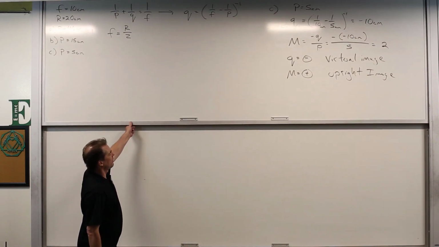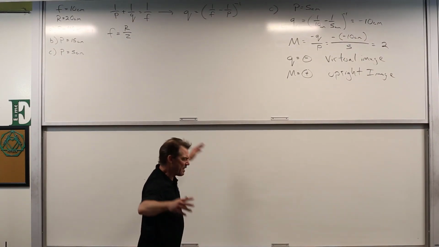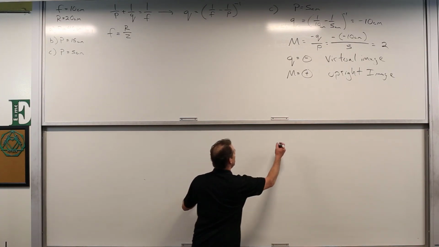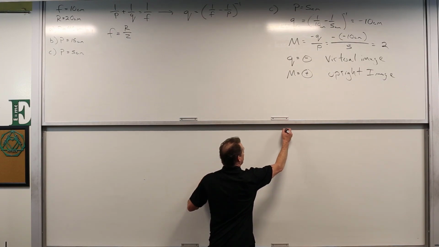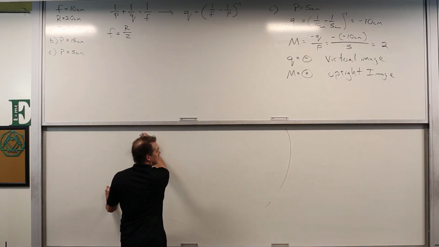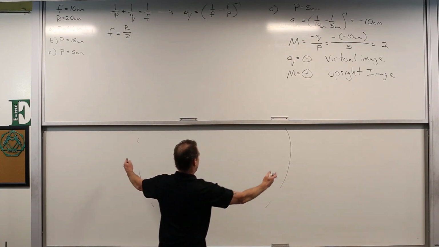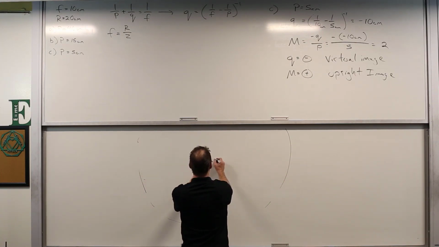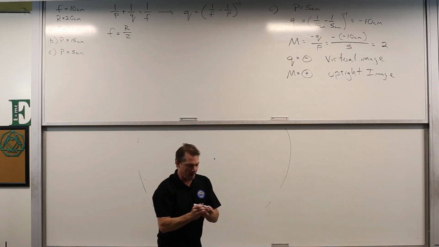These ones start getting a little bit messy because everything is so squished together. So let me see if I can make this a little bit bigger than usual. Usually they're a little problematic to begin with.